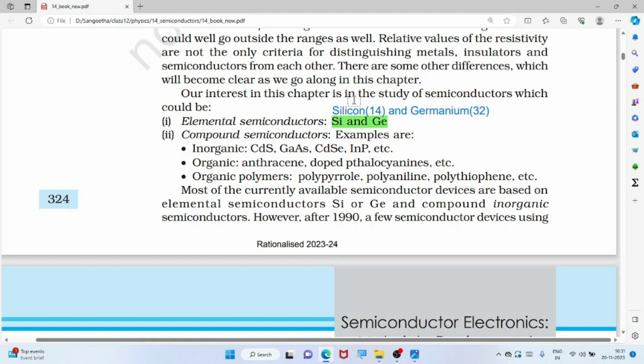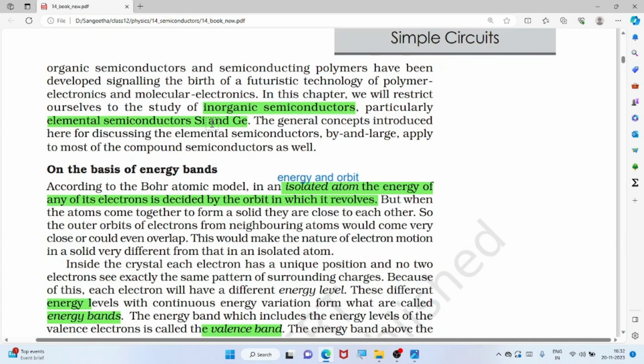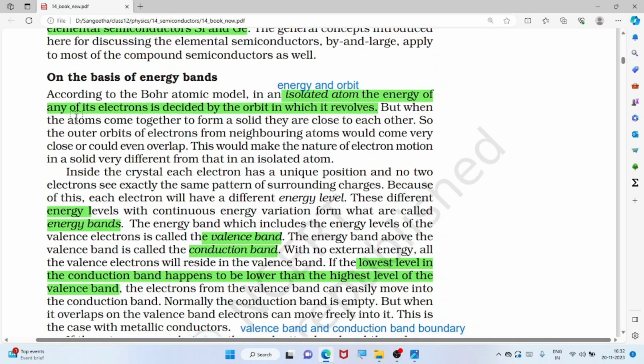Silicon has 4 valence electrons in the second orbit, whereas germanium, 32, has 4 valence electrons in the fourth orbit. So the energy of the electron depends on which orbit that valence electron resides in.